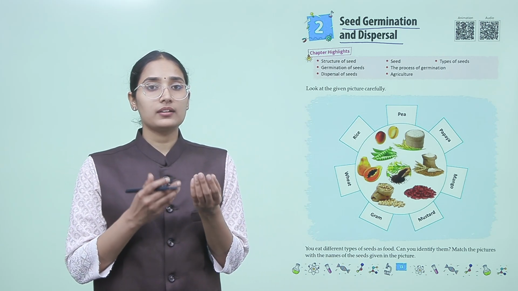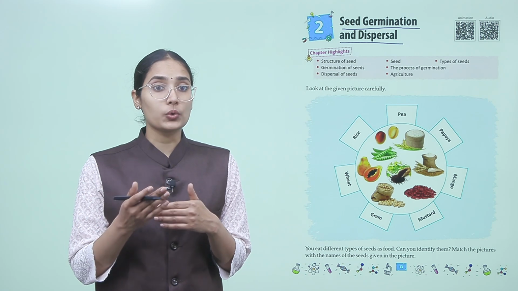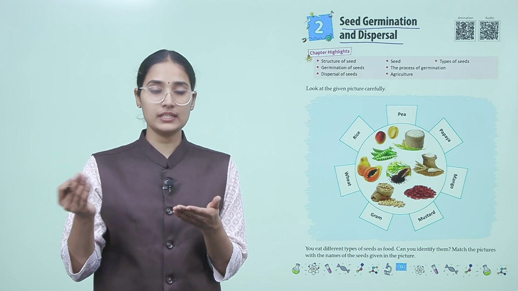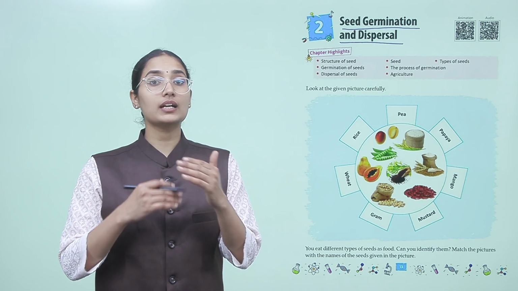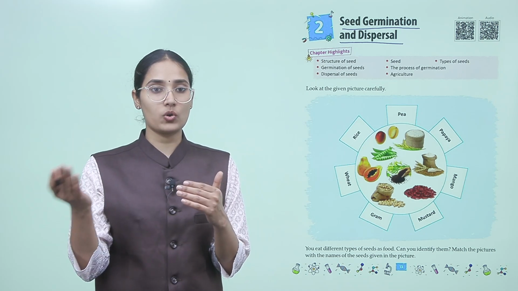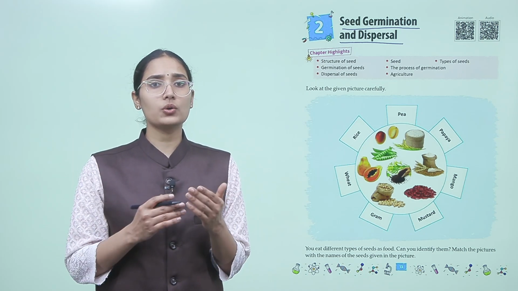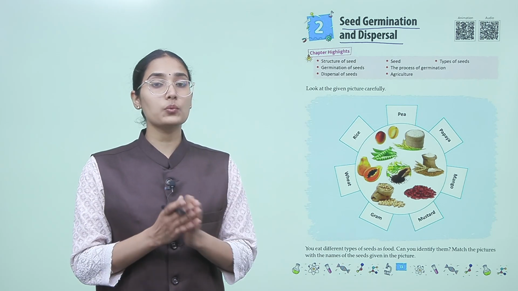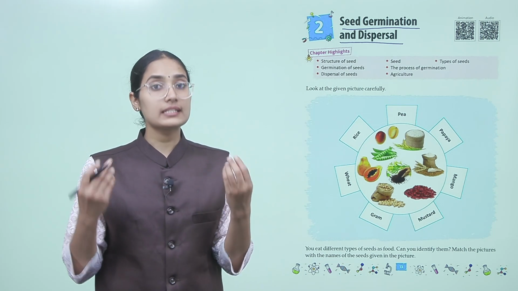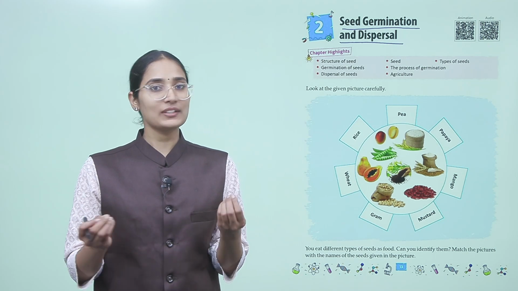The purpose is to grow. So how does it grow, how does it germinate, and how does it complete its next step of growing? How does it disperse, what are the different types of seeds, and what is the use of seeds in agriculture? So let's get started.